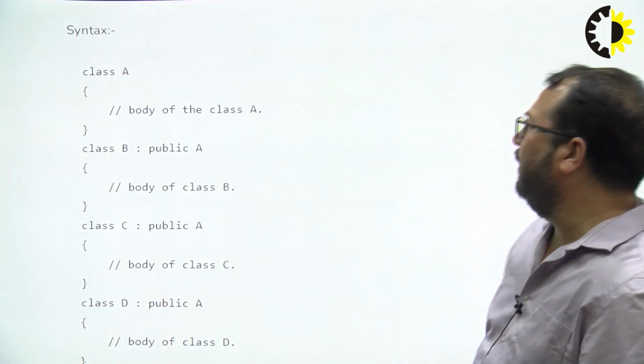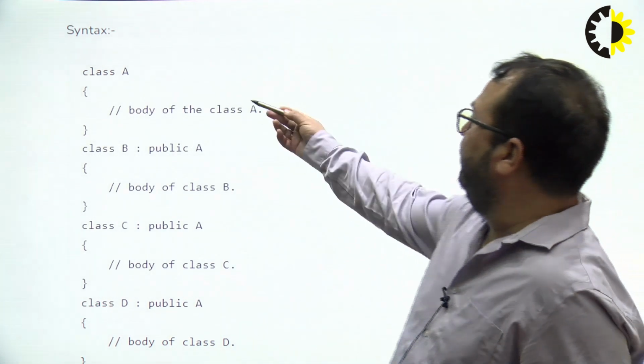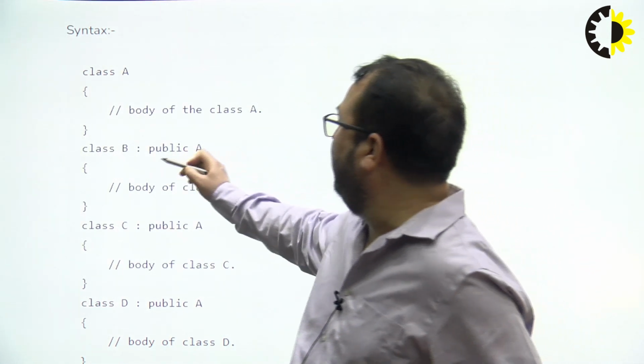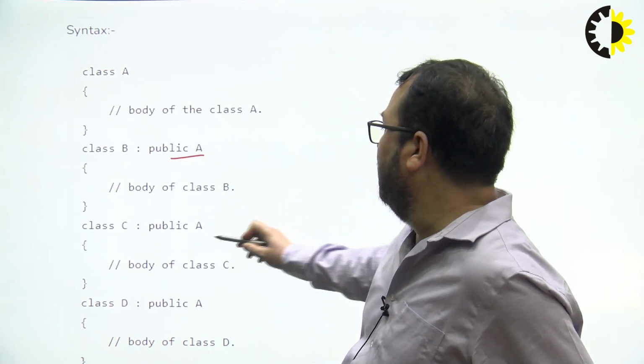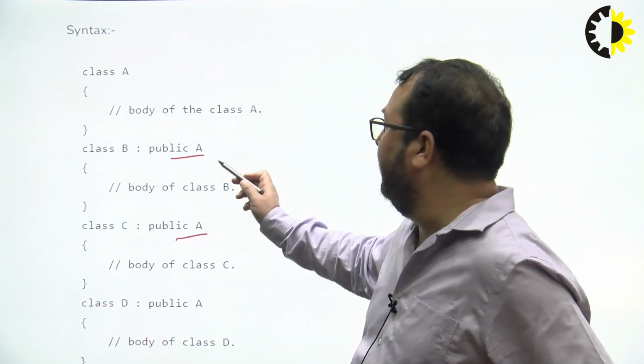This is the example. We have class A, and B is going to inherit A. C is going to inherit A also.